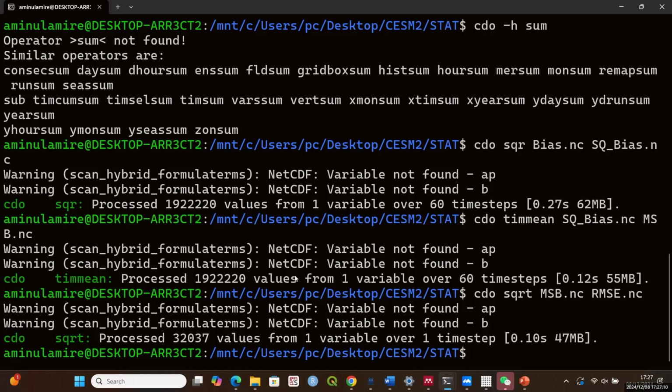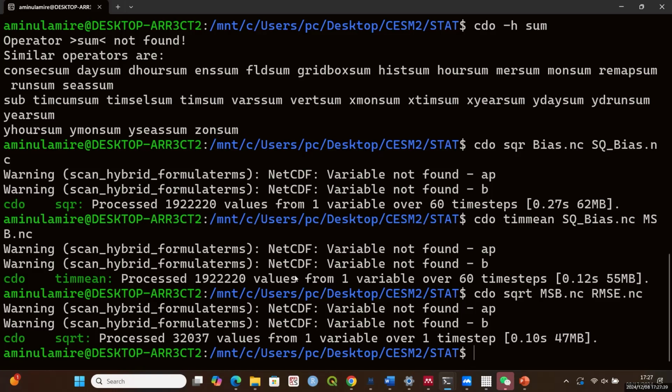If one is on a single level, the other one should be a single level. One can be at 850 and this one at maybe 700 hectopascal. No problem, as long as it's single level.